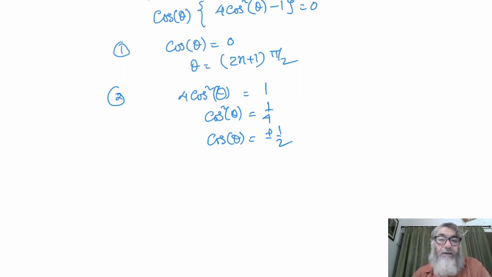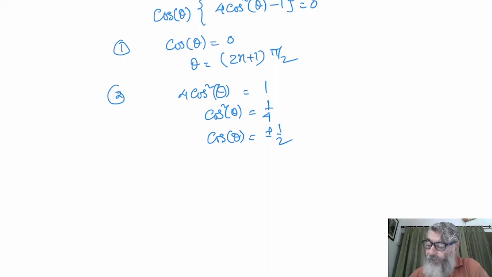It is square, cos square theta. So theta will be how much? 2n pi plus minus pi by 3, with n belonging to the set of integers.